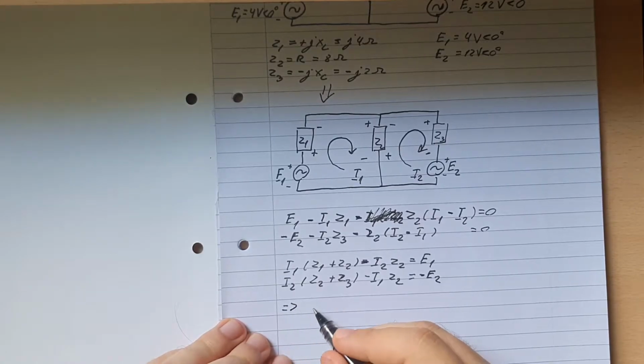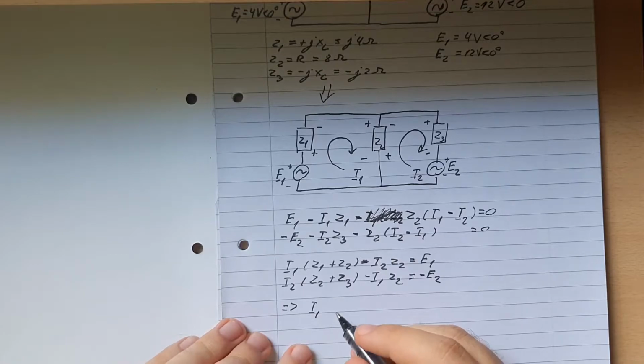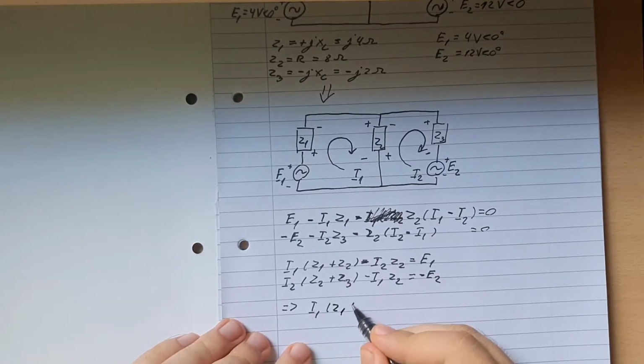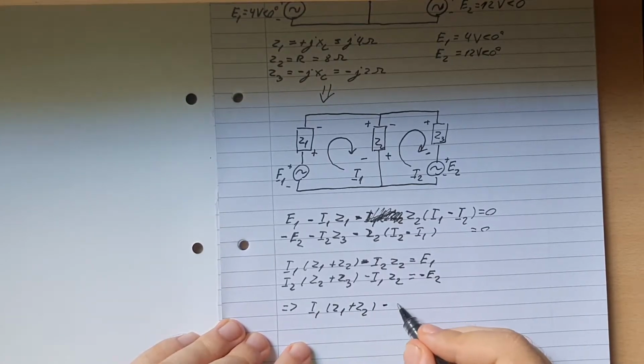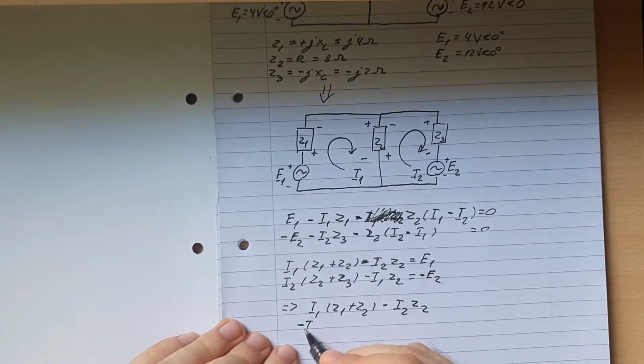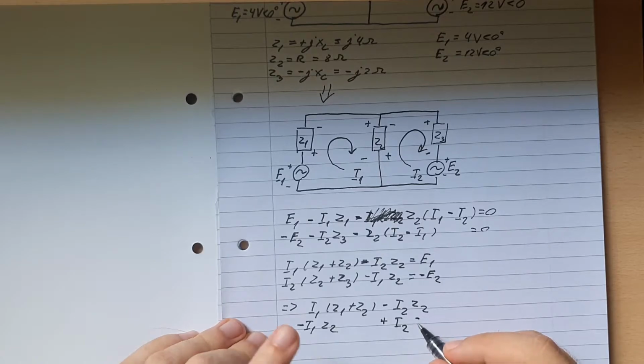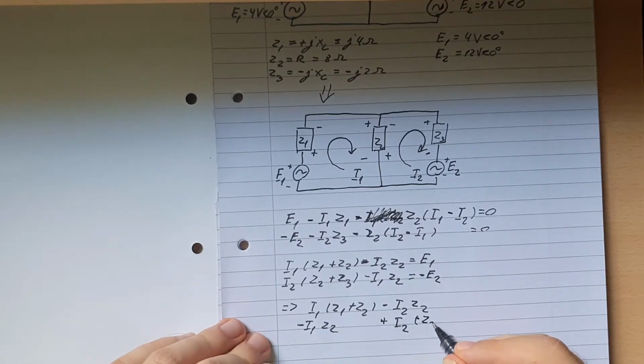So then therefore I1, in the same order, you'll see in a second, it's equal with Z1 plus Z2 minus I2 Z2, and then minus I1 multiplied by Z2, and then this will be plus, because it's positive, that will be I2 bracket Z2 plus Z3.